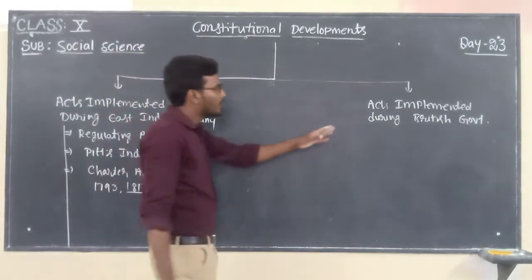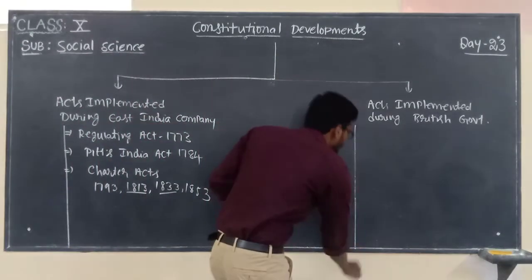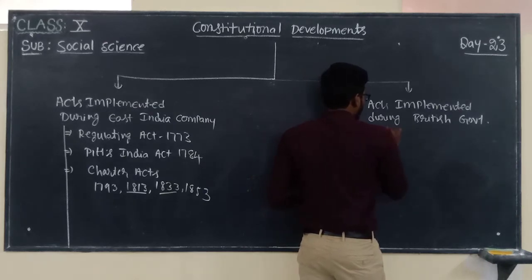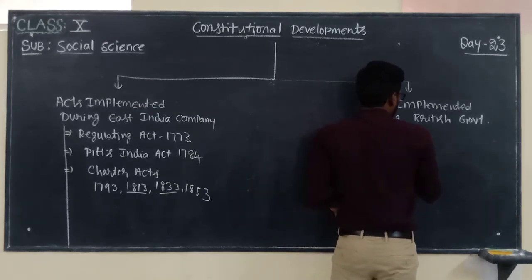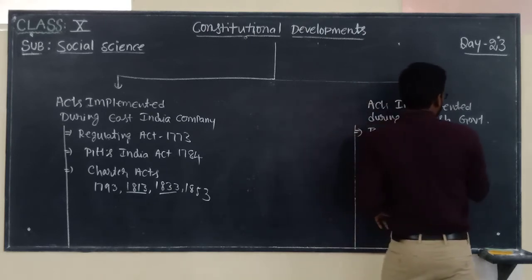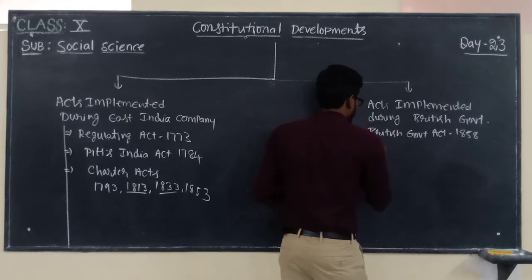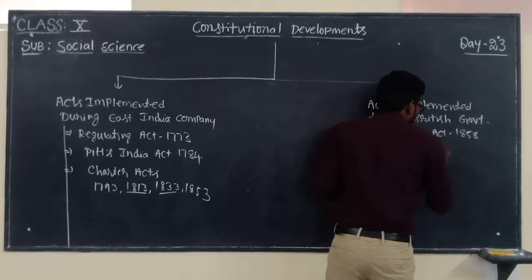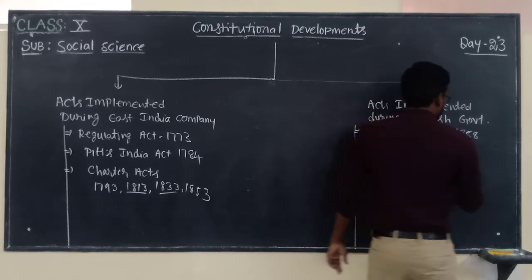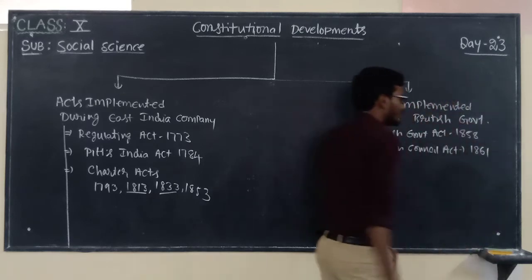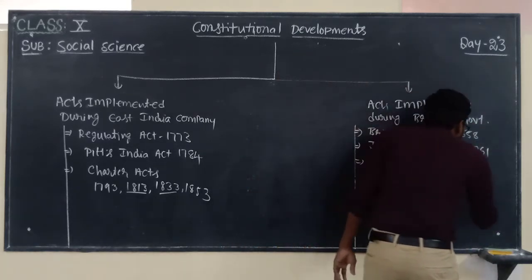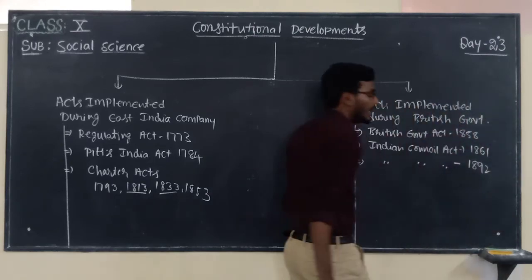Now, the acts implemented during British rule. So, British Government Act 1858 and Indian Council Act 1861. Next, Indian Council Act 1892.